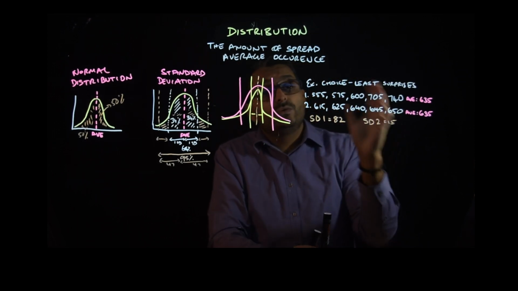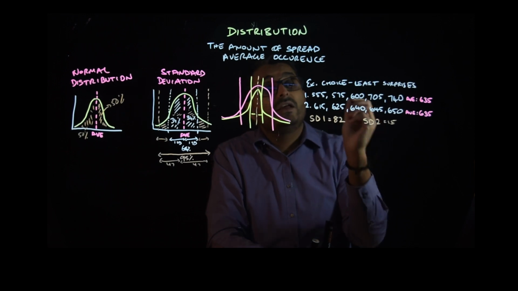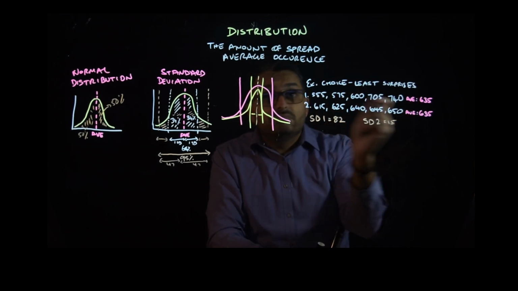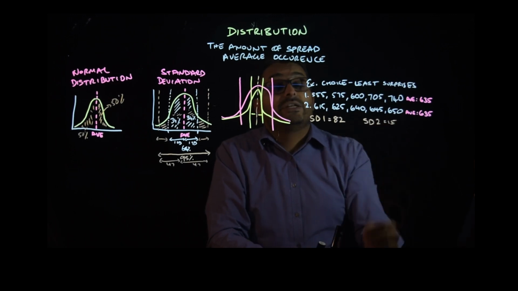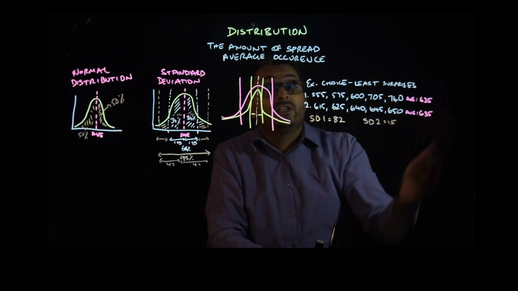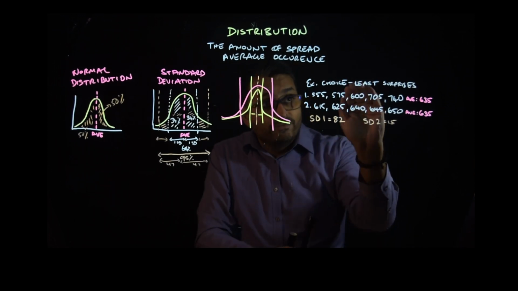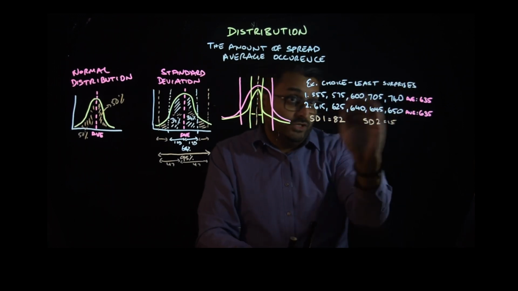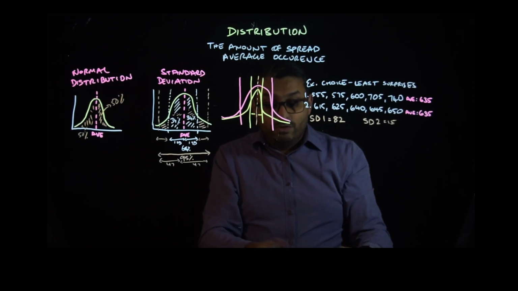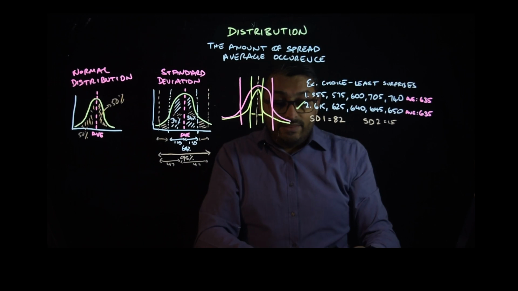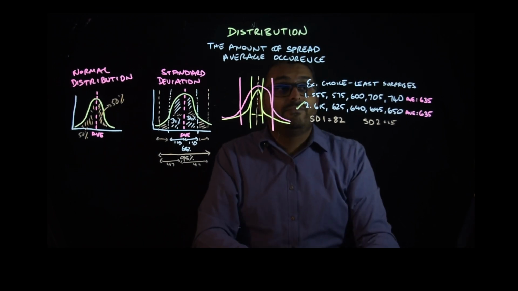So in set 2, any new data points that come in are likely to be closer to the average, whereas in set 1 there is a wider spread, so there is a greater chance compared to set 2 that it will be at the extremes. So ultimately, if I want fewer surprises, I should go with set 2, and that will give me the least surprises.